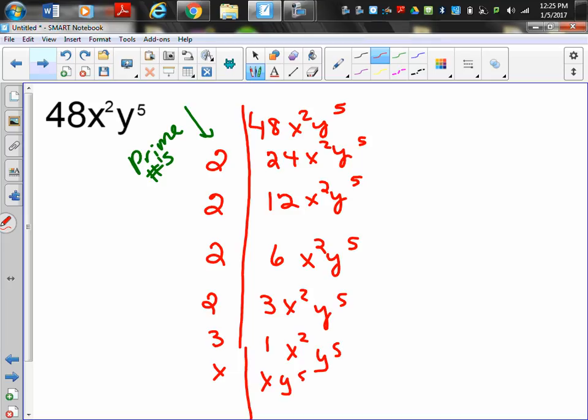X again. Y to the fifth. So now I have y to the fifth. What am I dividing by? Y. So I have y to the fifth. I'm dividing by y.